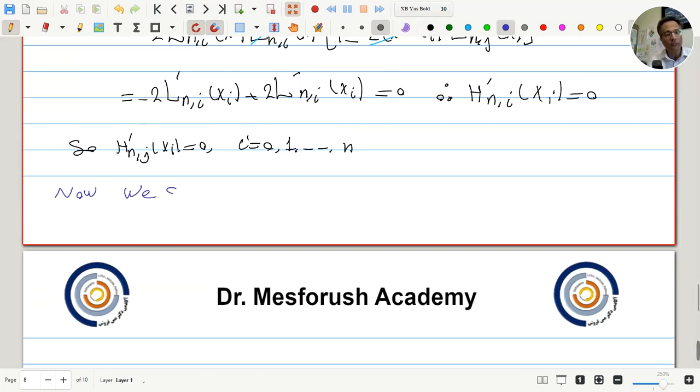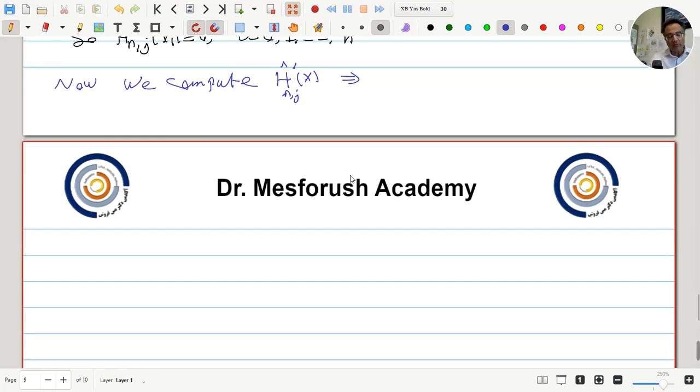Now we compute h hat prime n and j at x. Okay, let me compute it first and then put instead of x equal to xi.